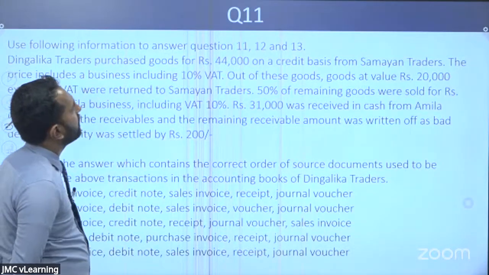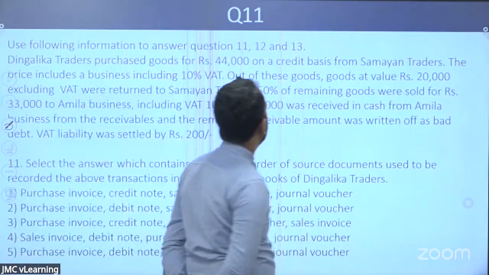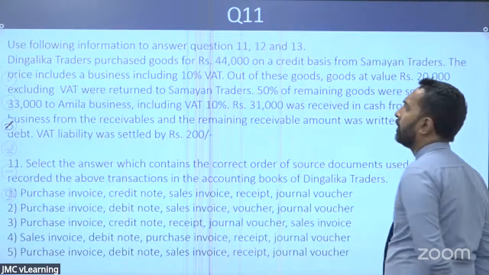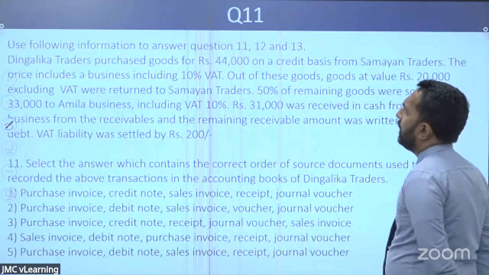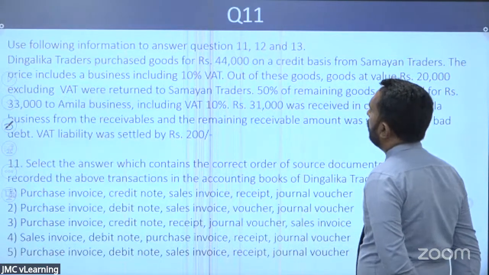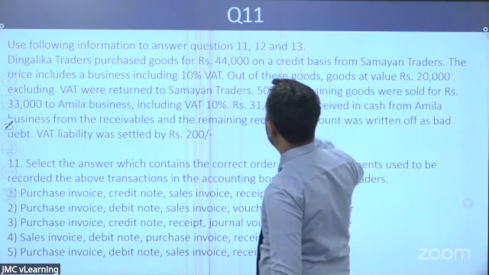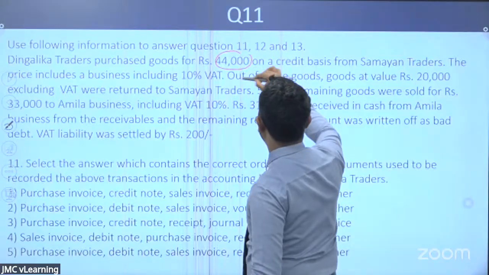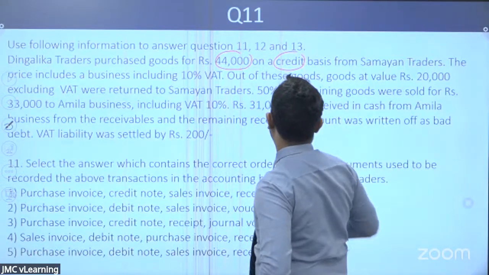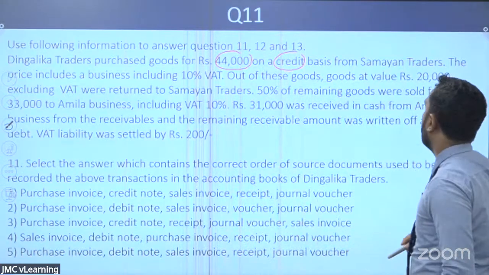Okay, we'll look at question number 11, 12 and 13. Dingalika traders purchase goods for rupees 44,000 on a credit basis from Samayan traders.